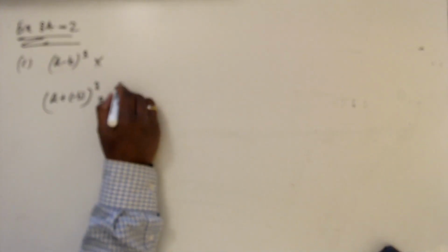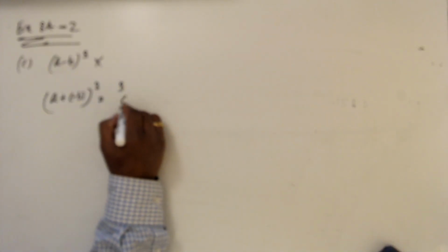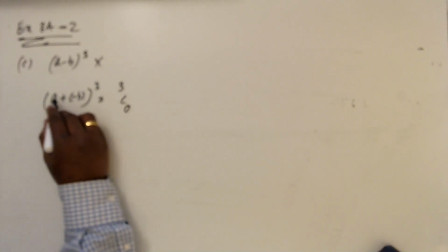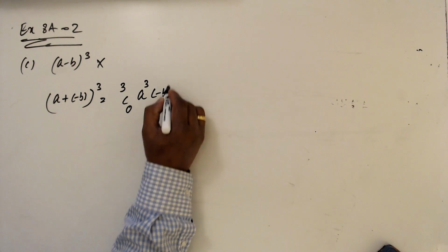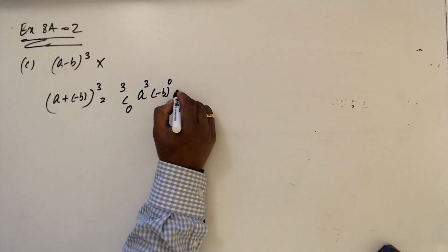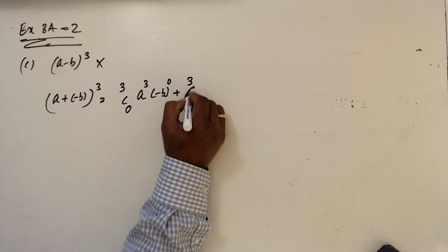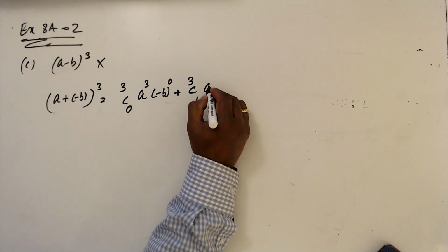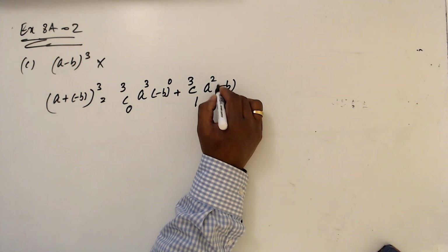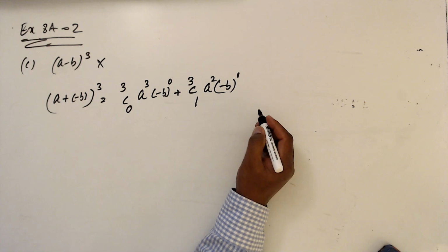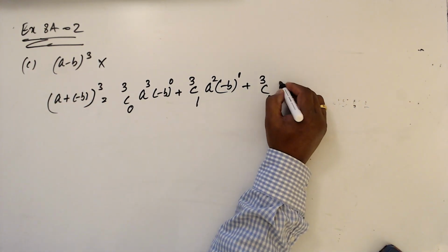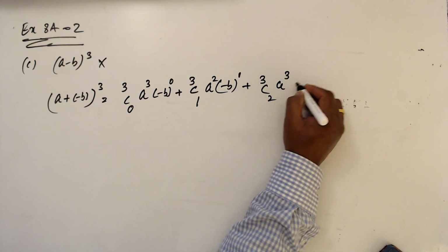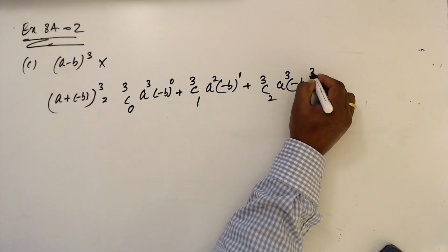Now 3C0 A cubed, then minus B to the 0. Second one, 3C1 A squared minus B to the 1. 3C2 A to the 1 minus B squared.